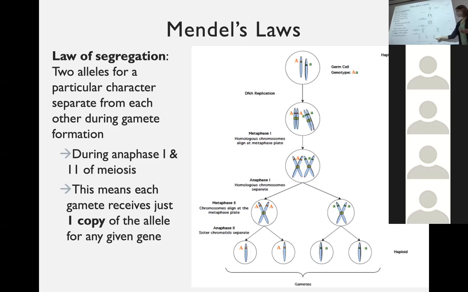All 4 of those are going to be split across all 4 gametes, assuming everything goes as planned. There's no non-disjunction or anything like that. So assuming meiosis happens correctly, you end up with one of the alleles in each of the gametes. So that's the law of segregation. Alleles are going to separate.